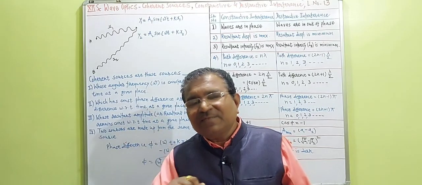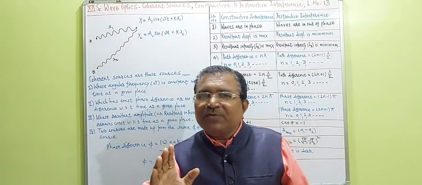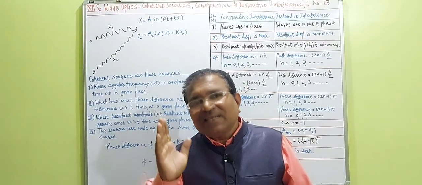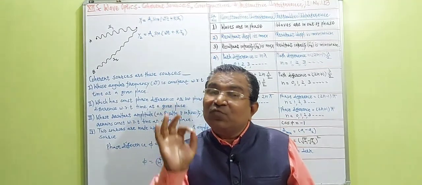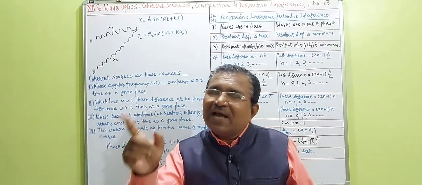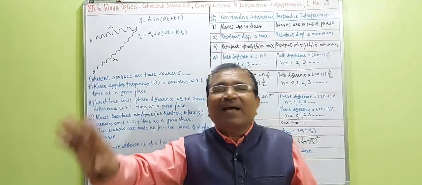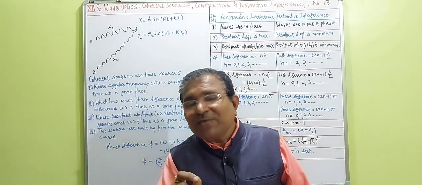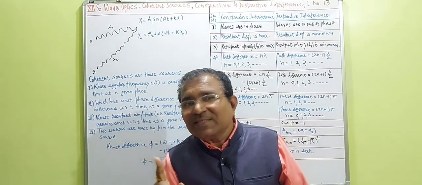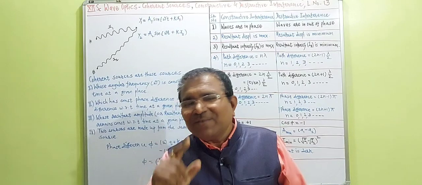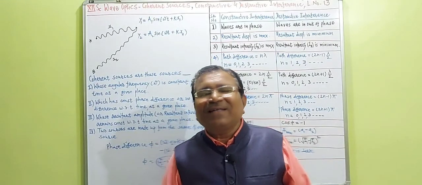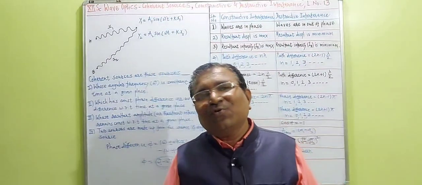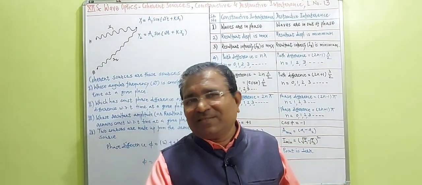Number 3, resultant amplitude or resultant intensity remains constant with respect to time at a given place. And number 4, this is possible if and only if two sources are made up of the same and single source. These are called coherent sources, dear student.